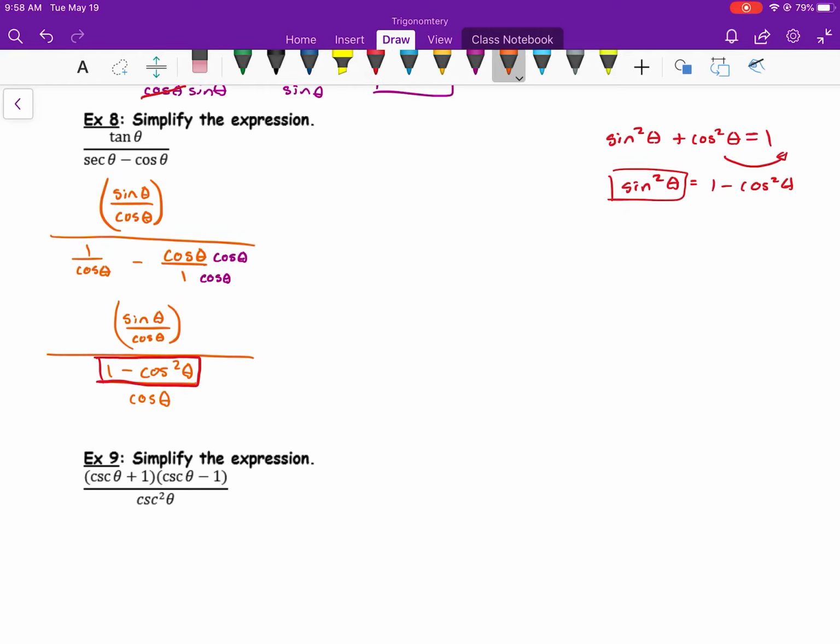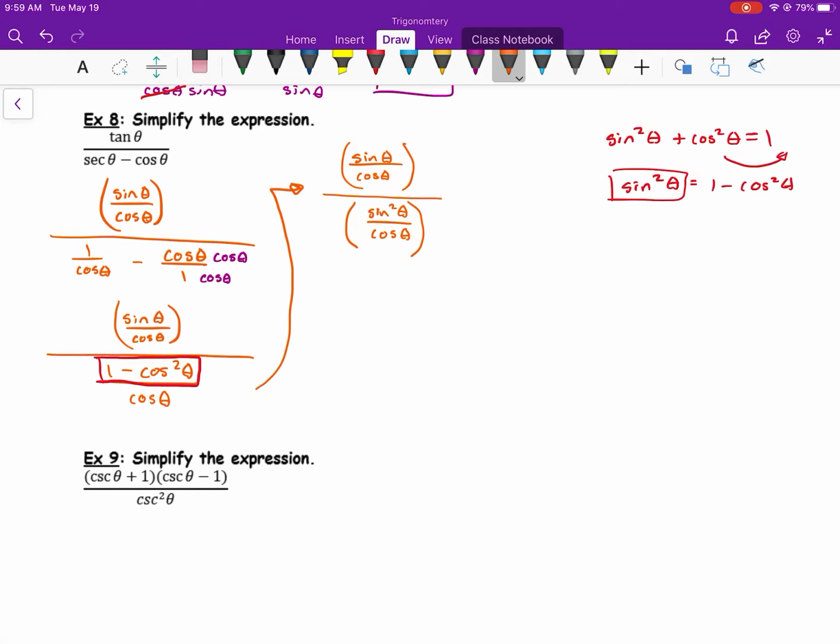Substitute that in. Let's see, I'll go up to here. Leave the top for now, all divided by sine squared theta over cosine of theta.